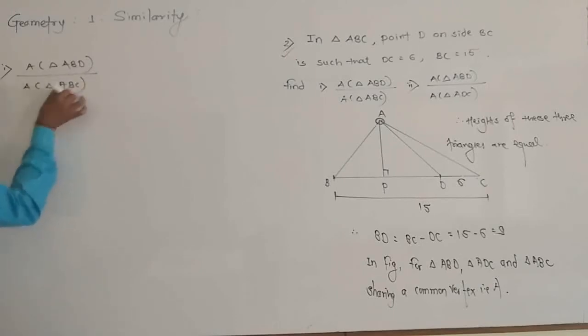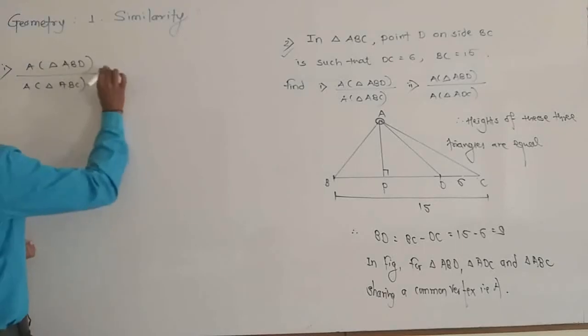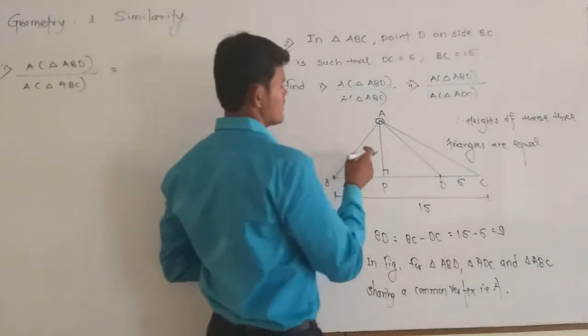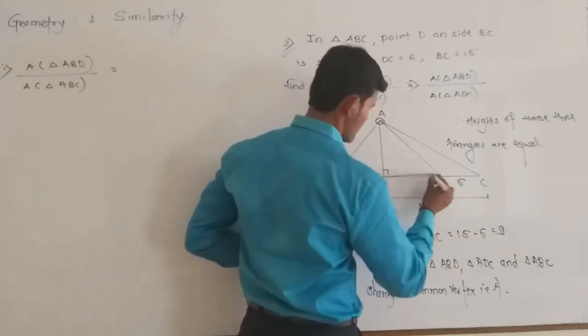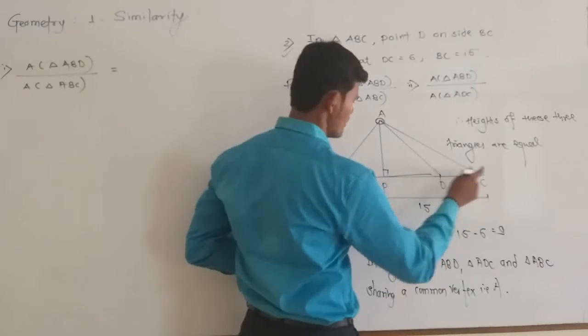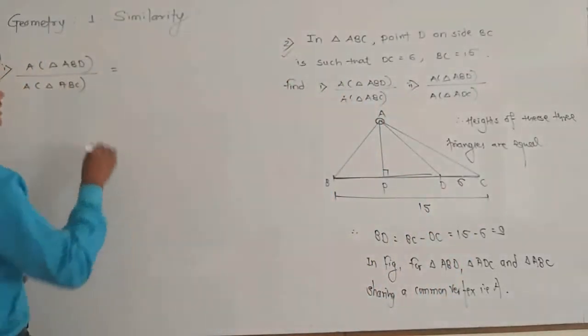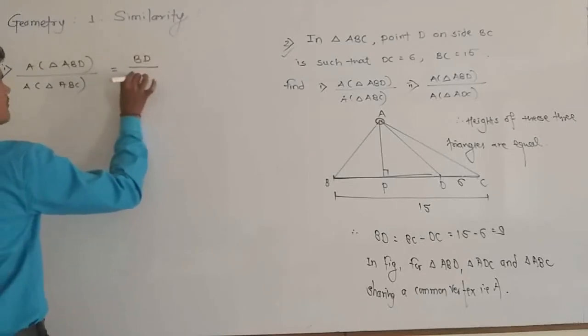We had already said that height of triangle ABD and height of triangle ABC are equal, and if heights are equal, then area is proportional to their bases. So for triangle ABD and for triangle ABC, which are the bases? For triangle ABD, BD is the base, and for triangle ABC, BC is the base. So their area is proportional to their bases, that is BD upon BC.